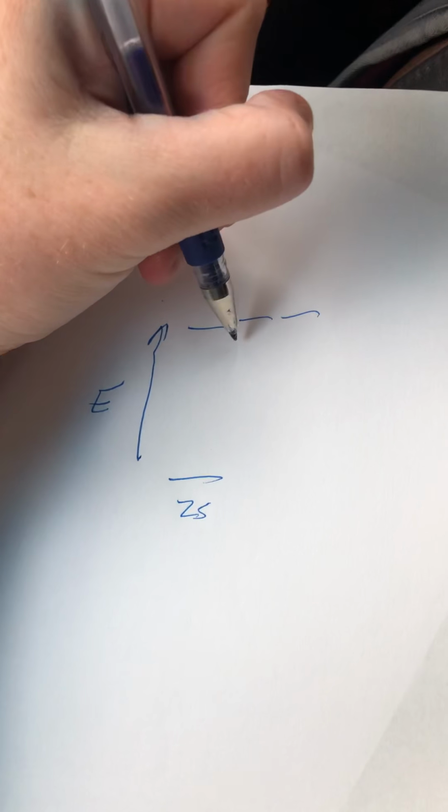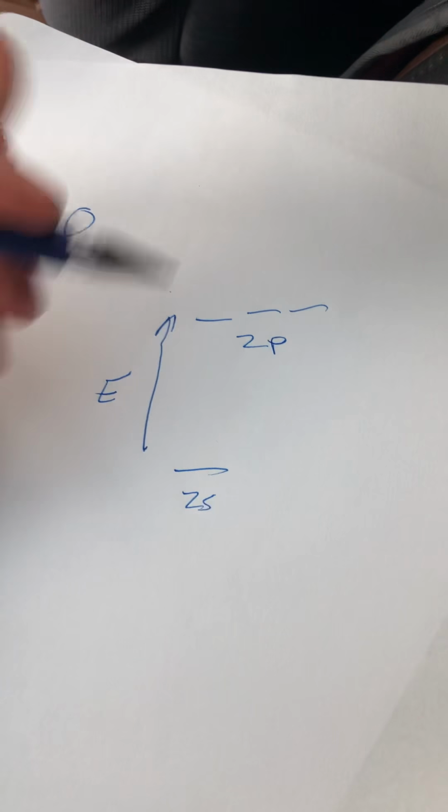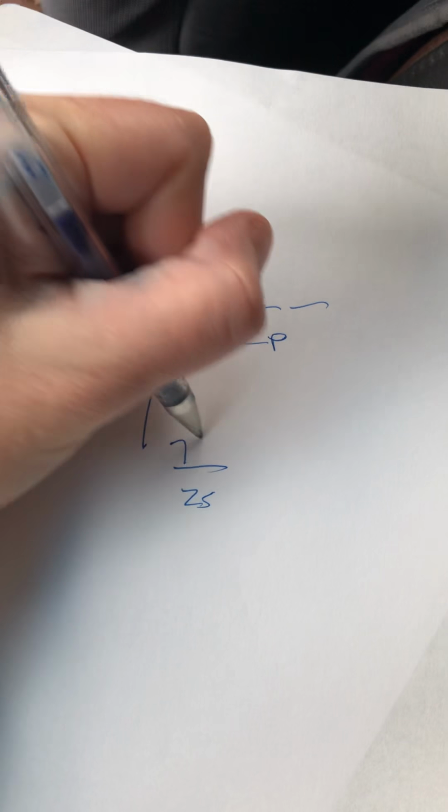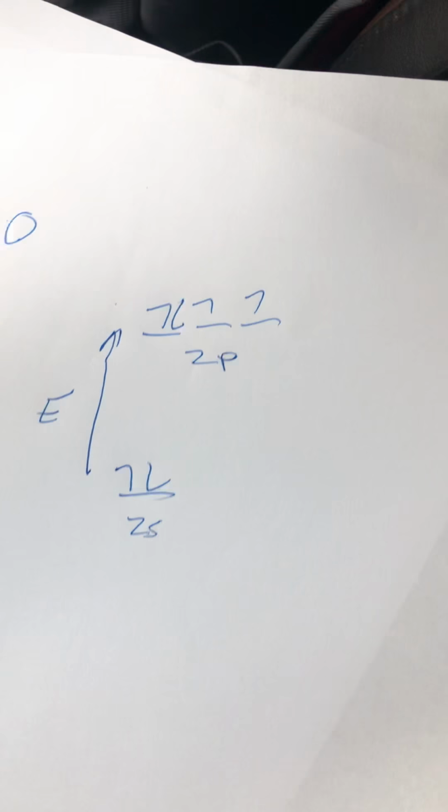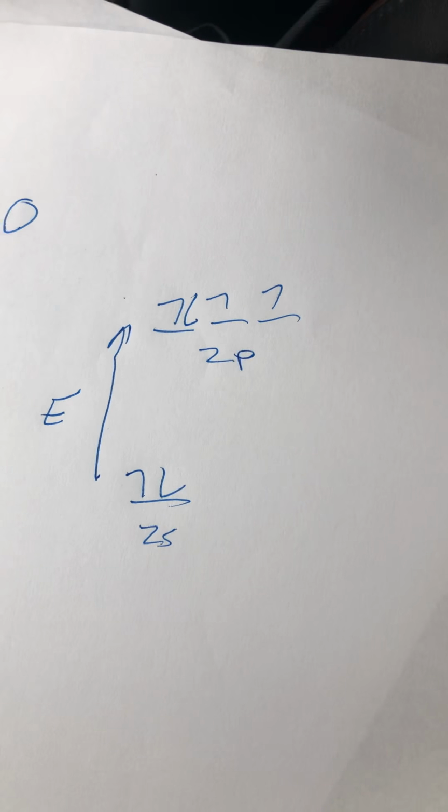Let's look at oxygen. All right, so oxygen, almost exactly the same situation. Energy increasing, has a 2s and a 2p, and it has 6 valence electrons in total.